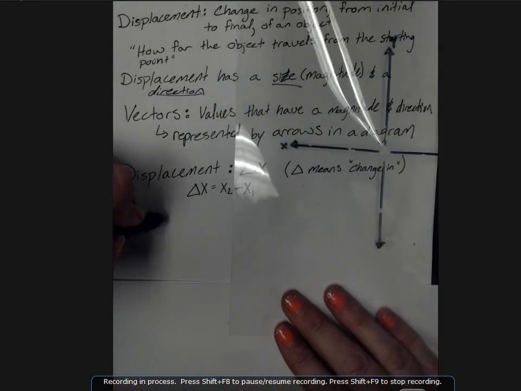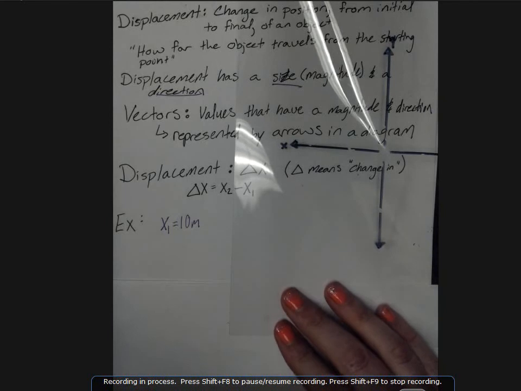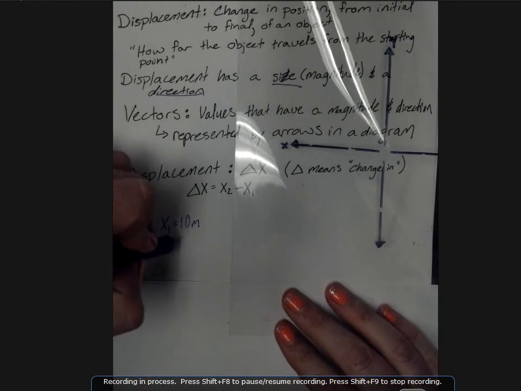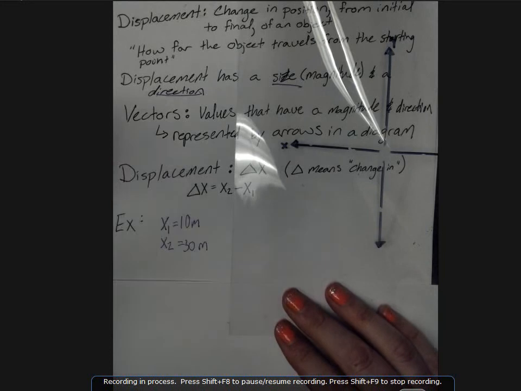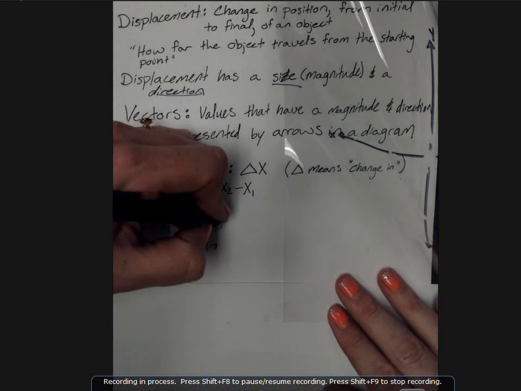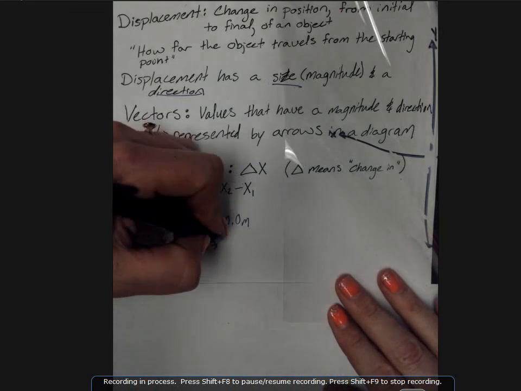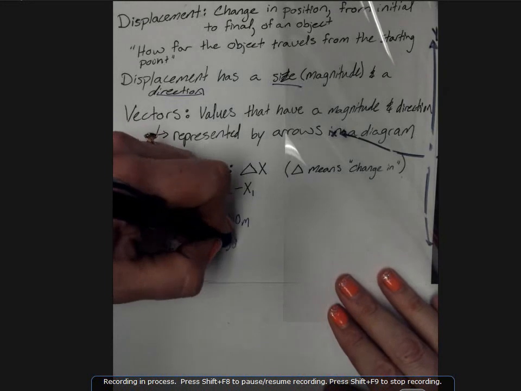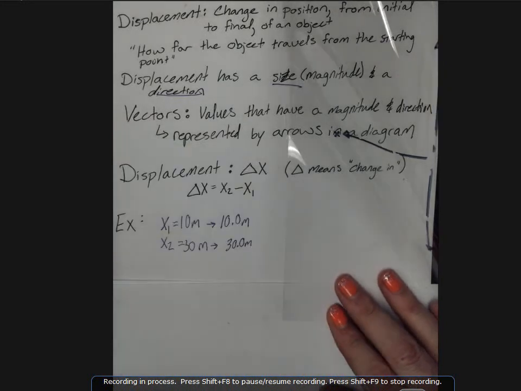So x1 was at 10 meters, and we'll say that x2 was at 30 meters. In the book, one of the things to pay careful attention to that I didn't do just now is that the book actually says 10.0 meters and x2 is 30.0 meters. So these are very precise measurements.